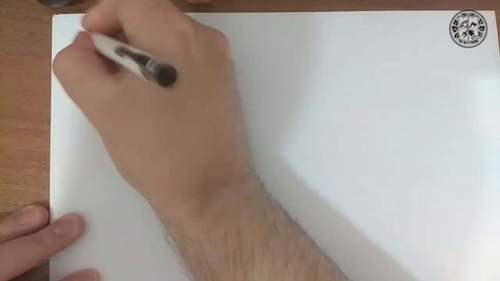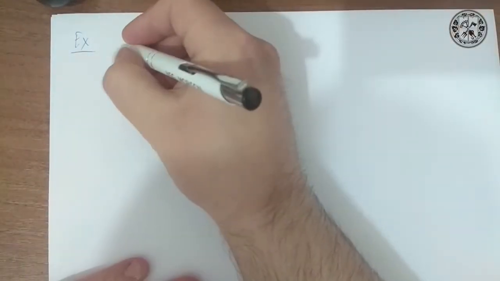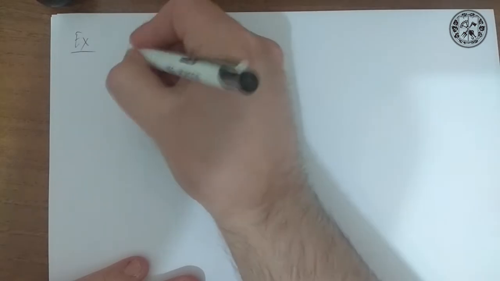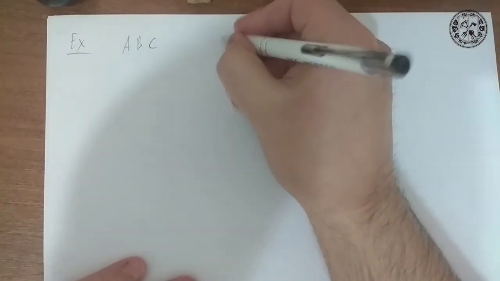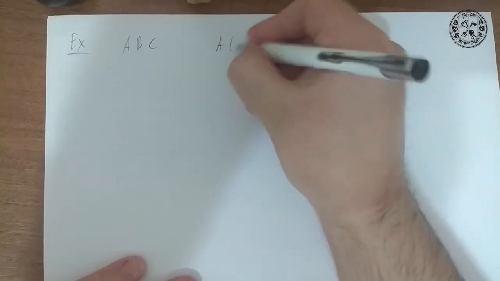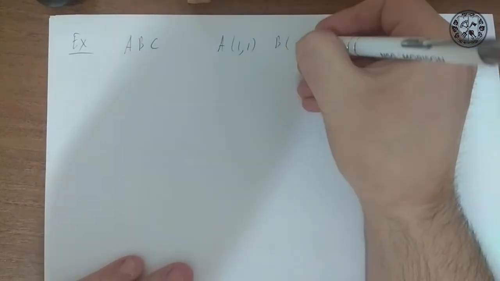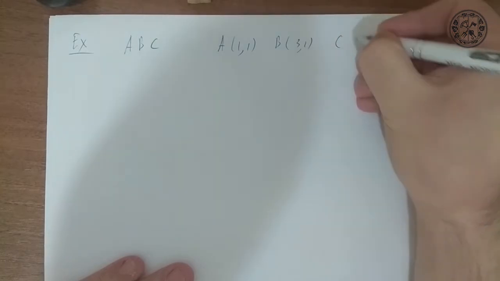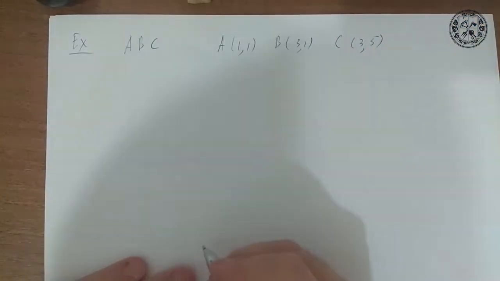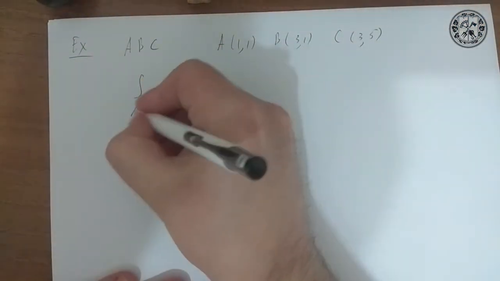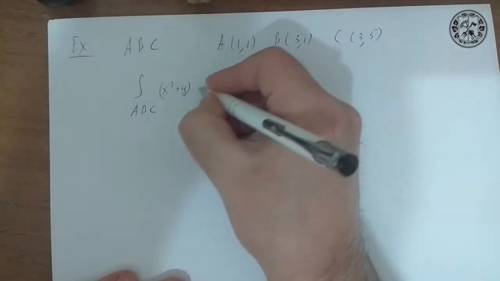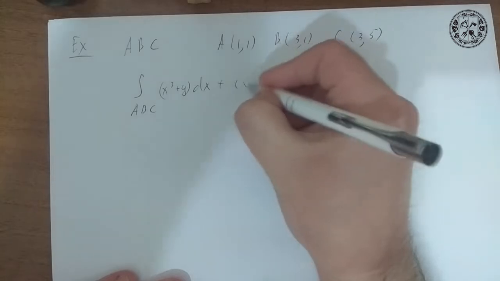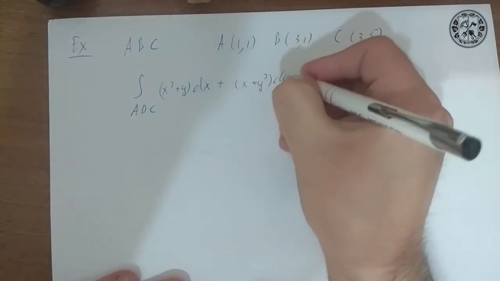Next example, let us have some line ABC. This line is defined by points A(1, 1), B(3, 1), C(3, 5). And we have to calculate the integral over ABC of (x cubed plus y) dx plus (x plus y cubed) dy.